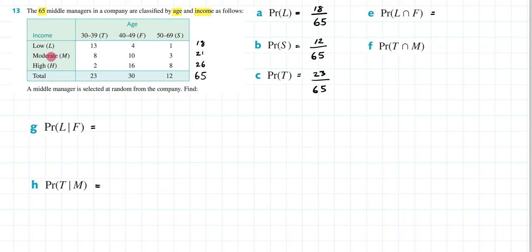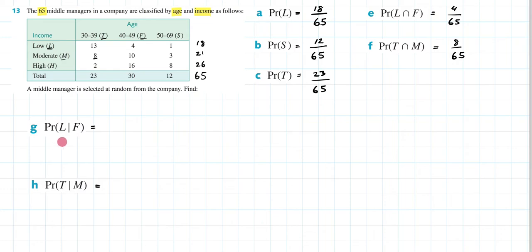So I've got a low income, F is going to be 4 on 65. Then T intersection of M, so T is the young ones, M is middle income, so it's going to be 8 on 65. So there are my answers to A through to F.